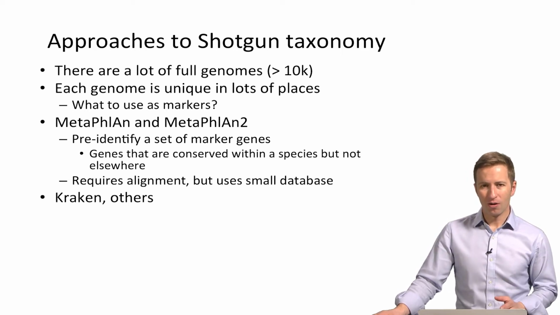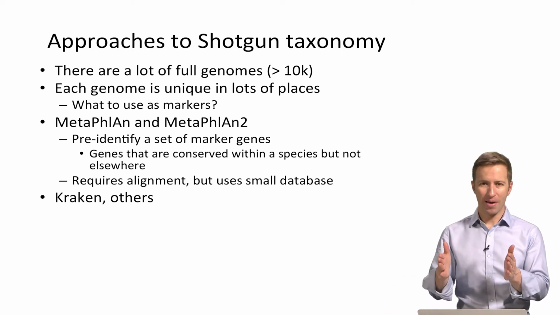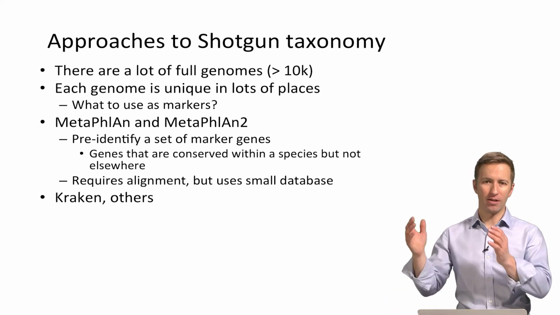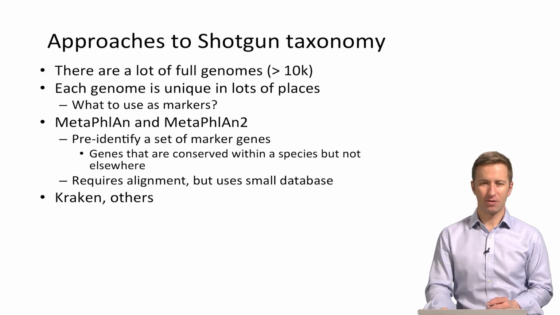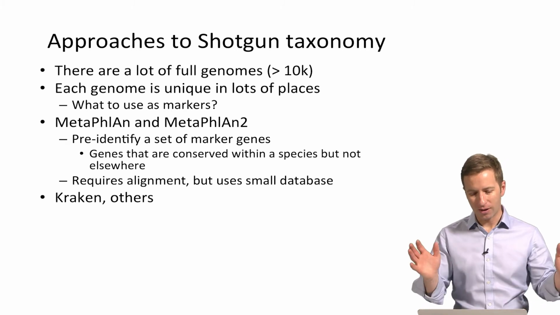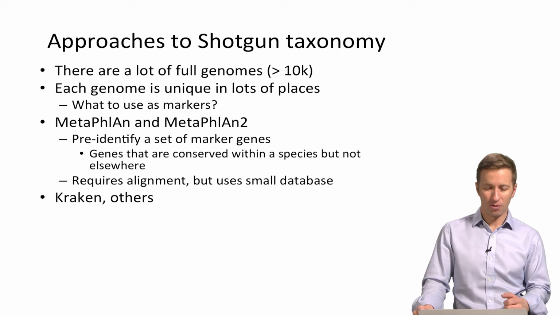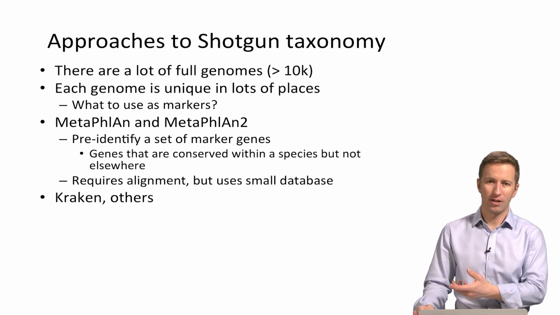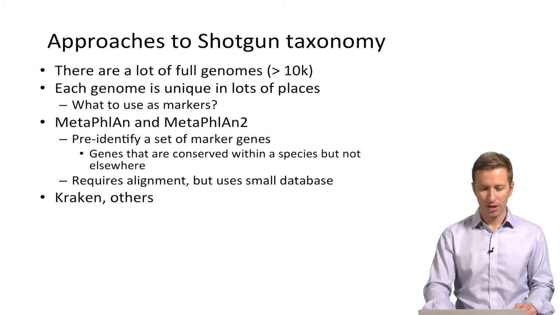This would be really slow if you were trying to align to that database, but because we're just matching k-mers from an input read to the k-mer database, it's actually really fast, ultra fast. So Kraken, or any k-mer based approach, can process a lot more reads per minute than the alignment based approaches.